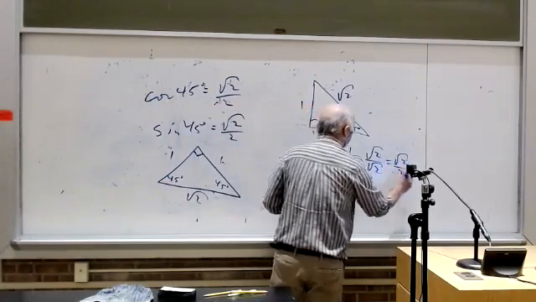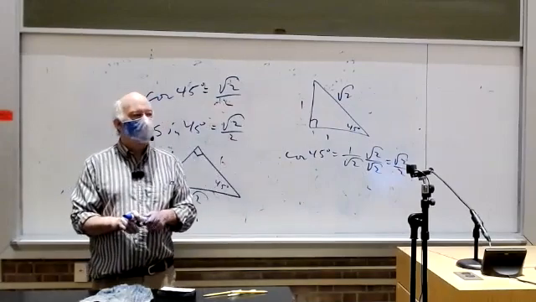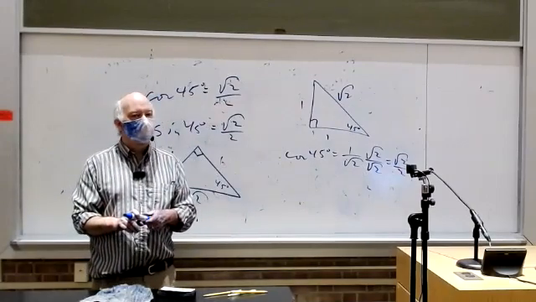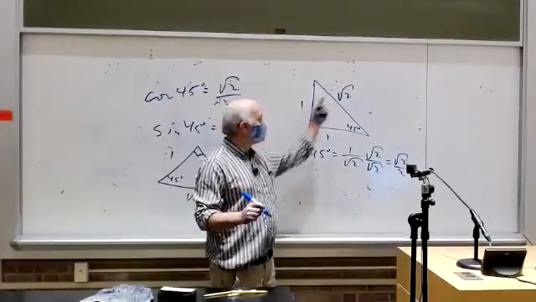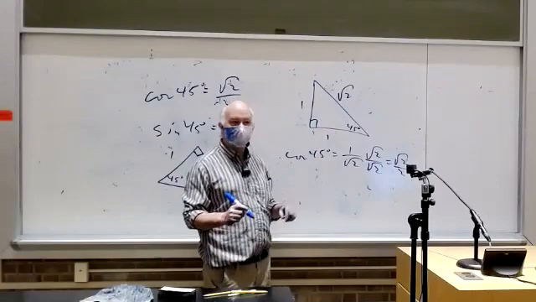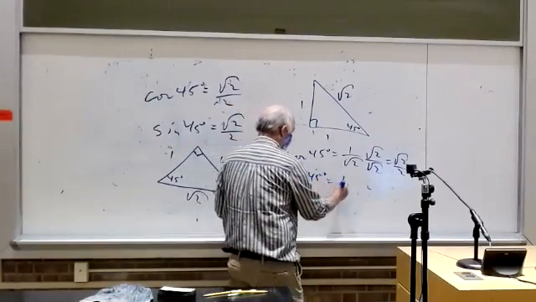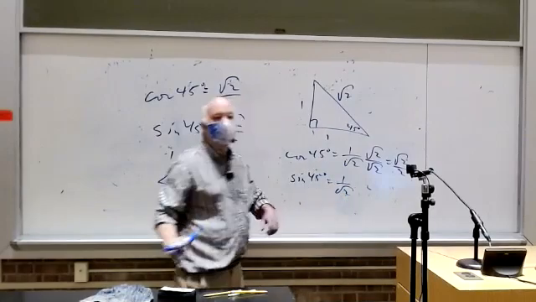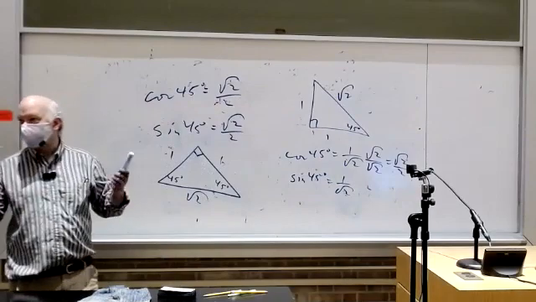So this is square root of 2 over 2. The sine is opposite over hypotenuse, and it's the same thing. That make sense? So that's where those things come from.